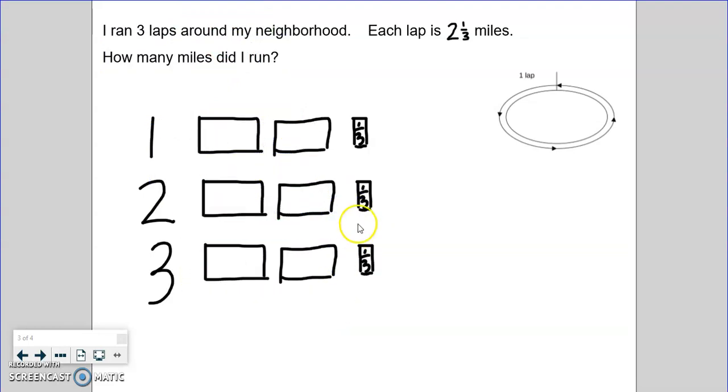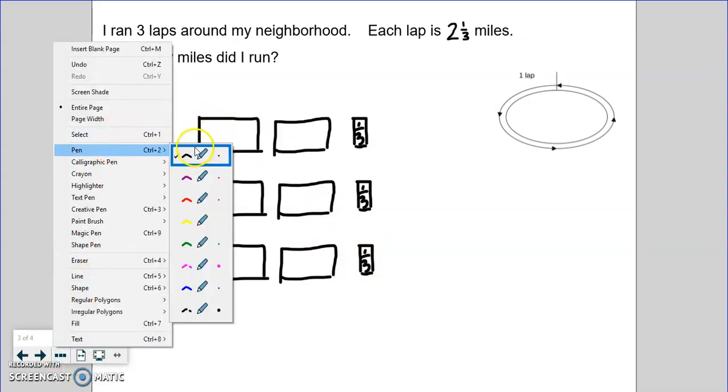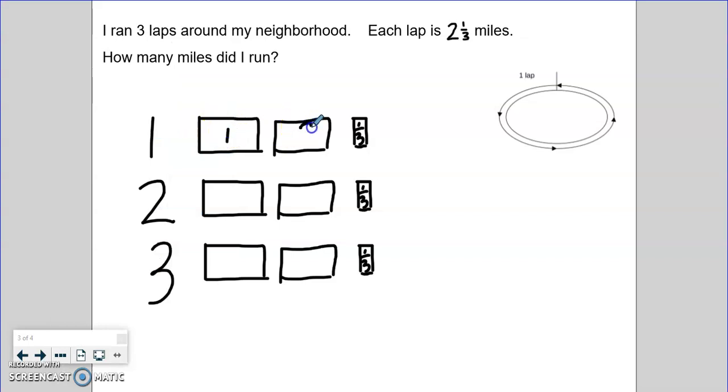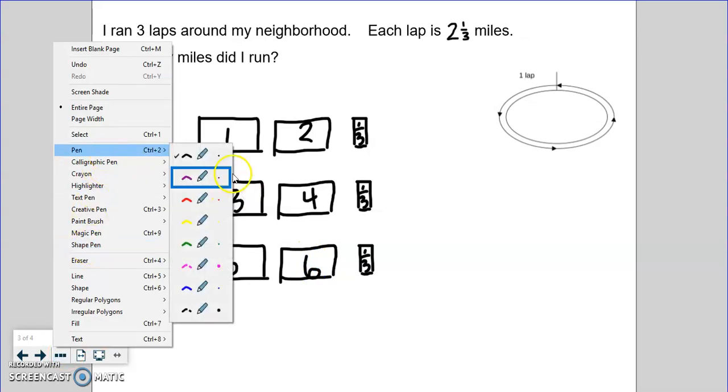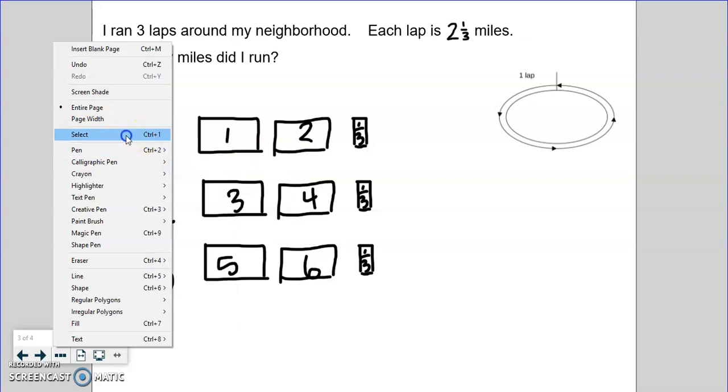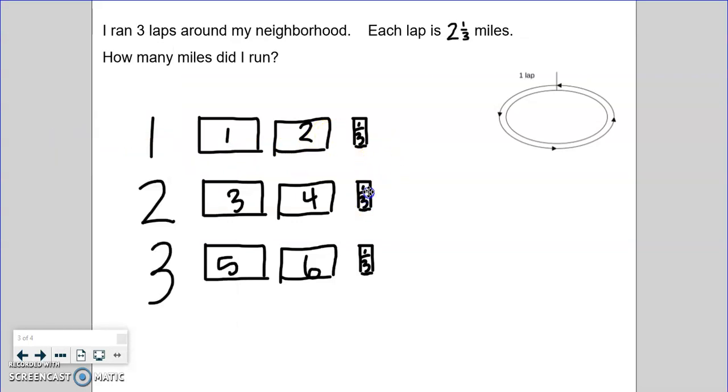Now, I can manipulate this on my screen, so we have 1, 2 miles, 3 miles, 4 miles, 5 miles, 6 miles, and then, since I can actually move this on my screen, I'm going to select, and I'm going to draw you a whole thing.